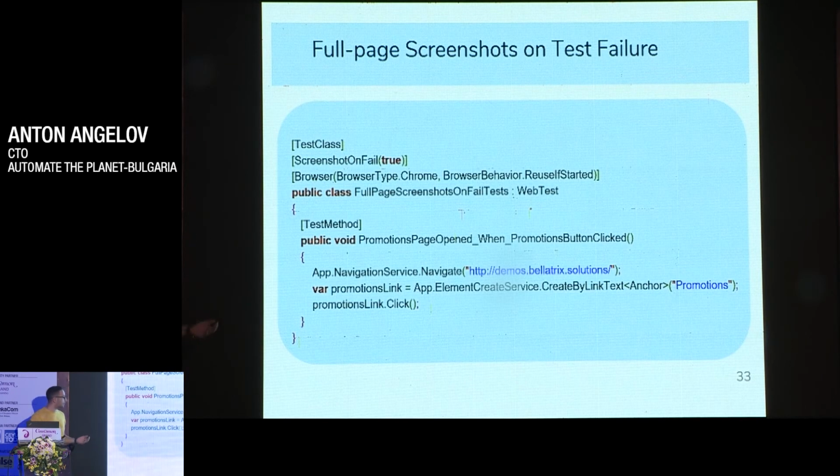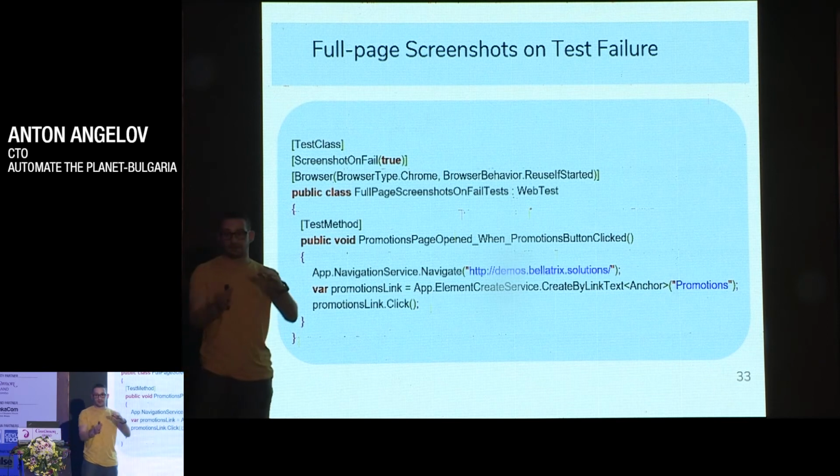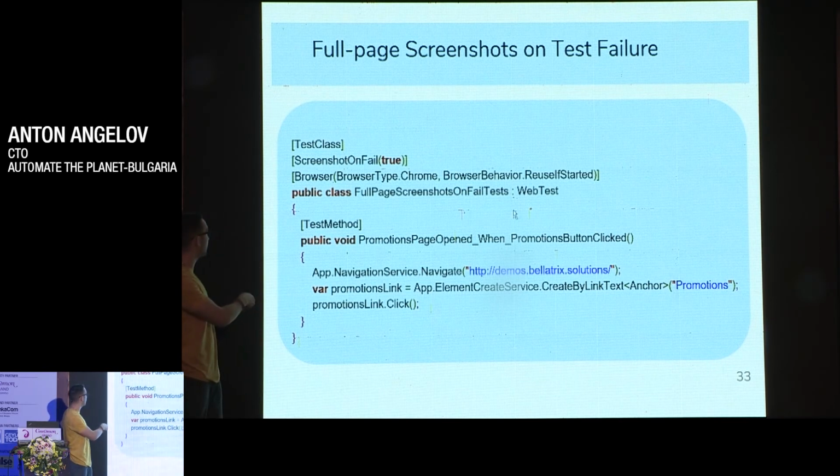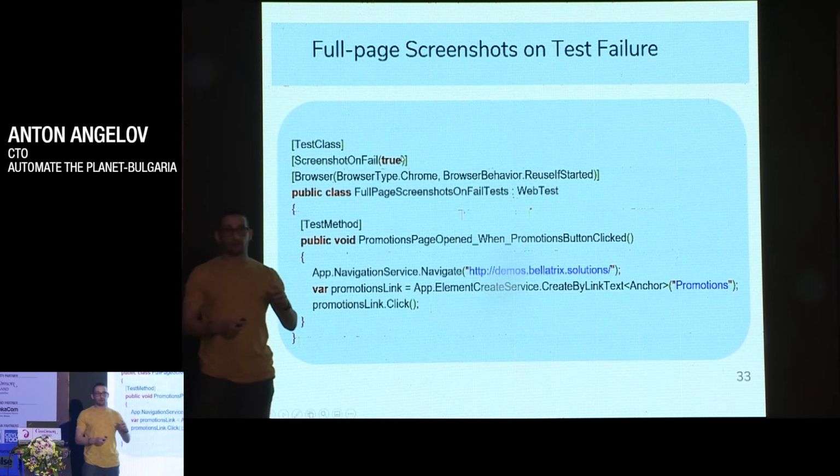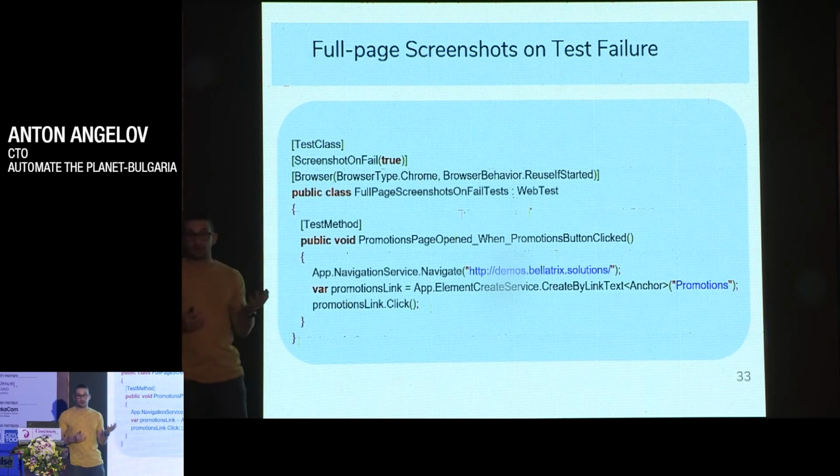So I will show you two features and how they work in our framework. The first one is screenshot on fail. The framework detects whether the test failed or not, and in the end, if this attribute here is mentioned as true, it will generate a full-page screenshot. What is the difference?